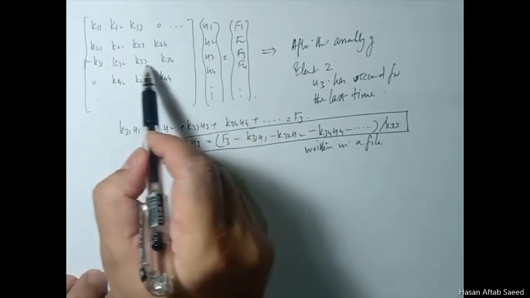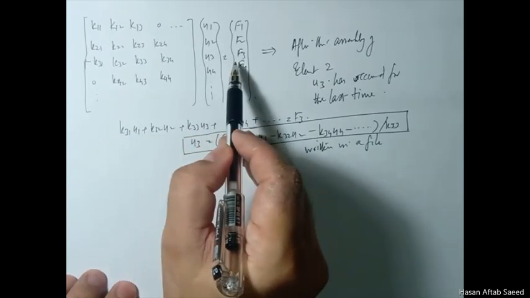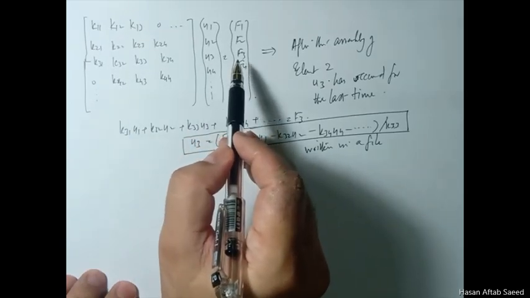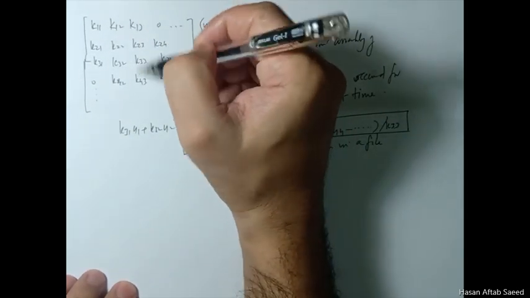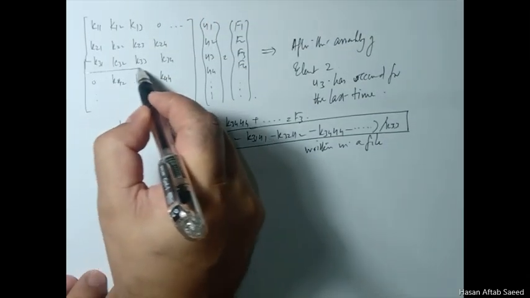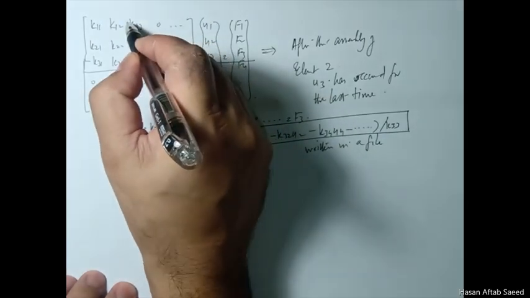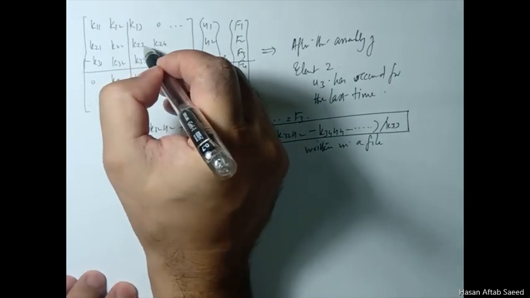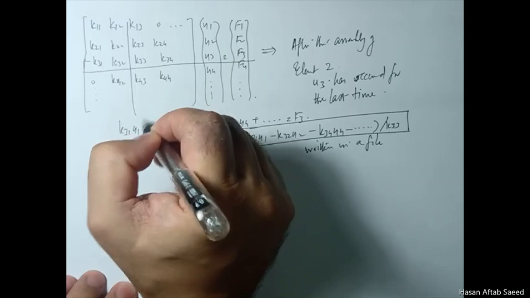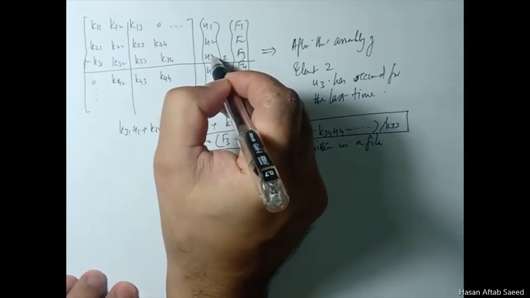But when you remove this row, notice that all these values in this column, k13, k23, k43, are being multiplied by u3.